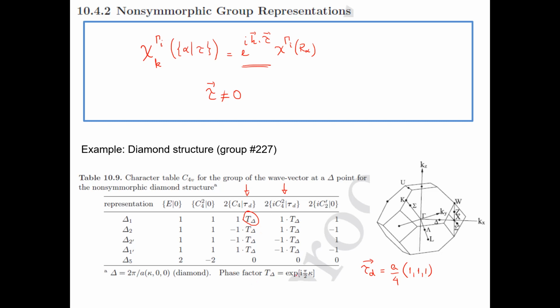T delta, for this specific case, is actually this phase factor here. We're going to calculate that in more detail, but you can see already that for non-symmorphic structures, it's important to take that into account.